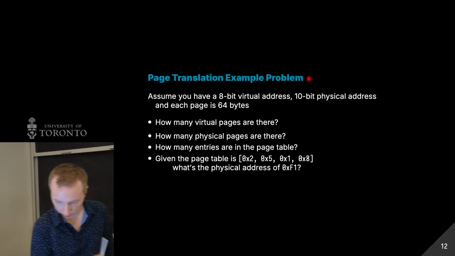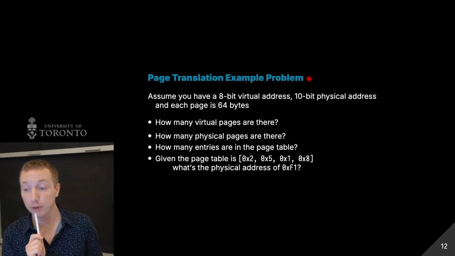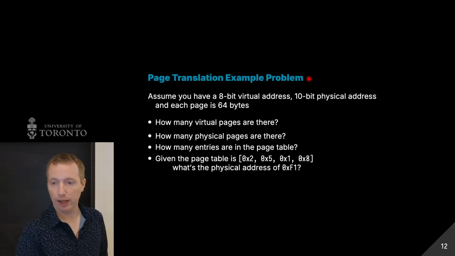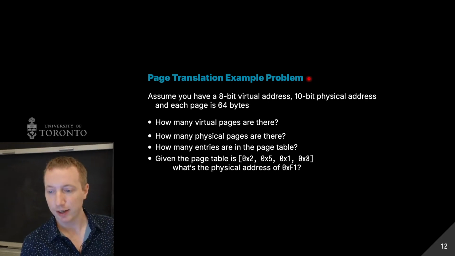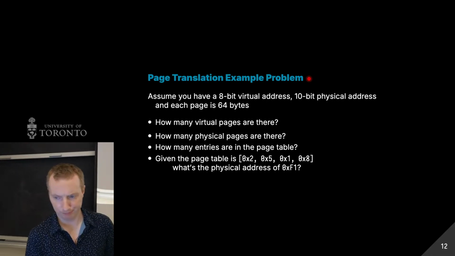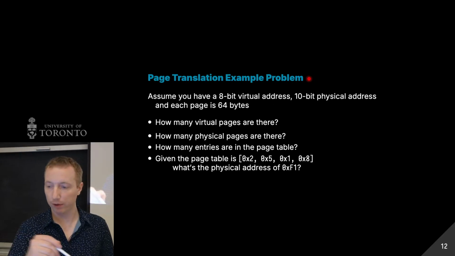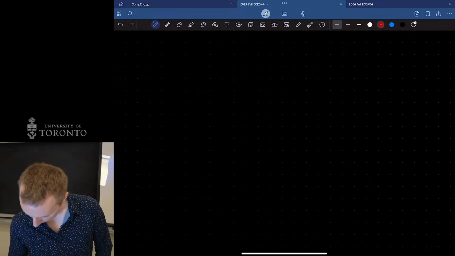All right, so this question asks a few things. How many different virtual pages are there? How many different physical pages are there? And then given a page table, which kind of ruins the rest of the question, what is the physical address of this virtual address? So let's write out the question.